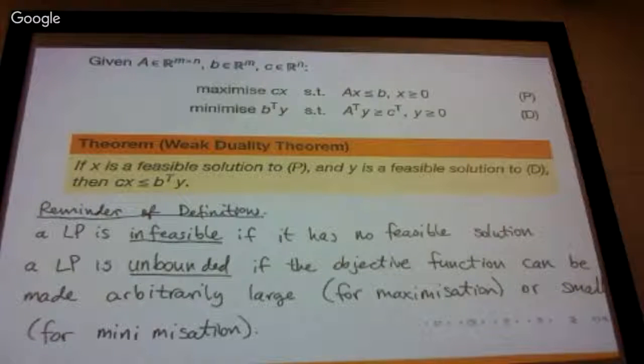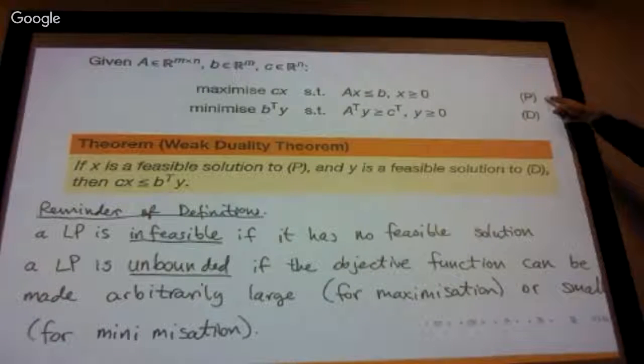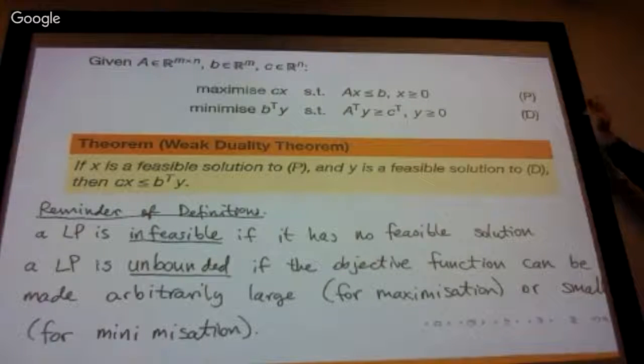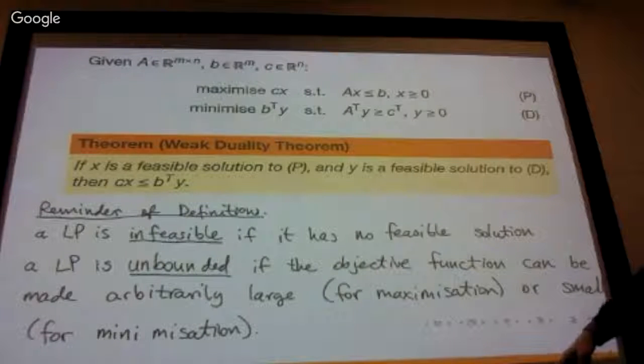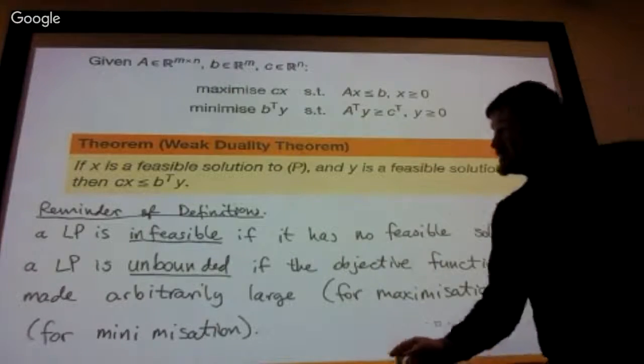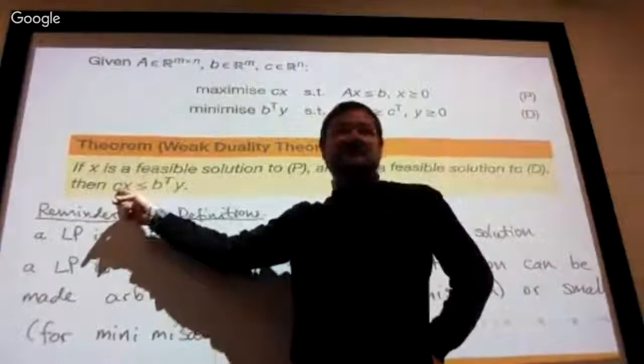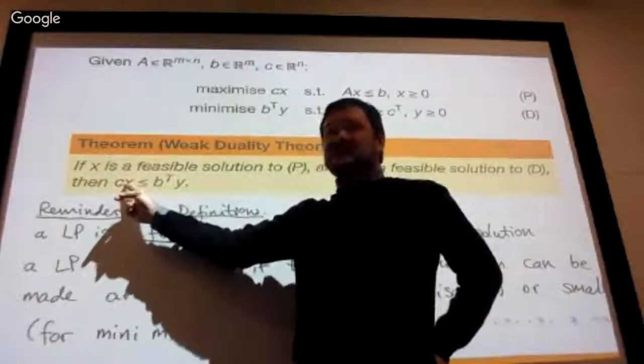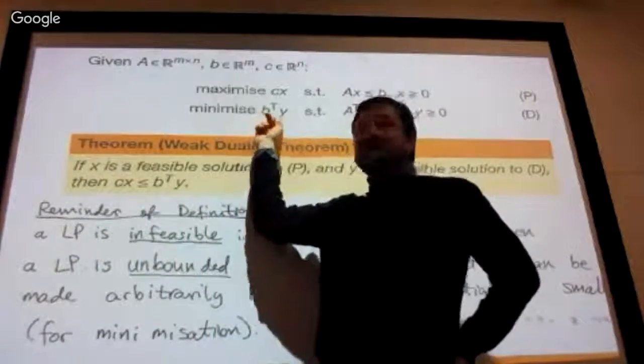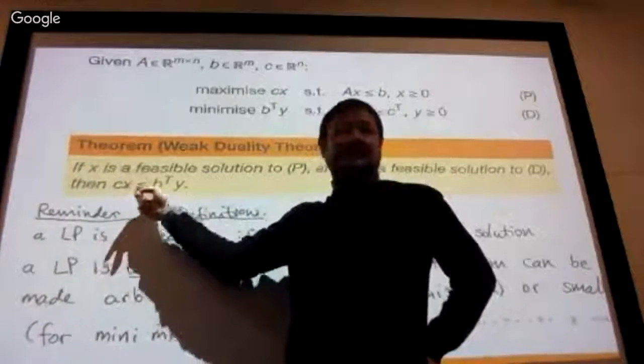But look at this. If P is not infeasible, so if P has a feasible solution, can D be unbounded? No, why not? Because if I find a feasible solution, I can find a finite number here, and that gives me a lower bound. When I'm trying to make the dual objective as small as possible, I can't, because there is a value I can't go below.